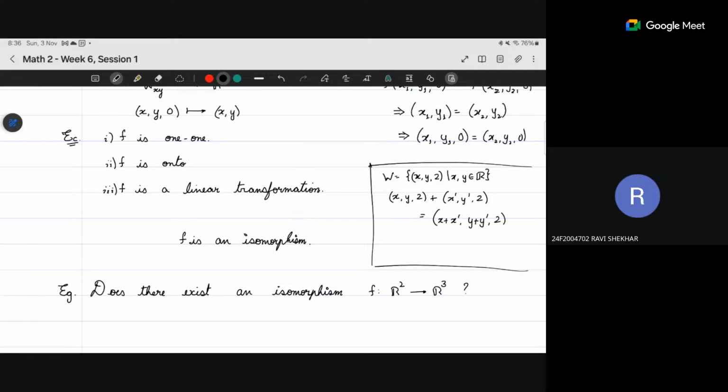And scalar multiplication again, if you say c times xy2 is equal to cx, cy, 2, I don't really do anything to that 2. So my operations are closed under addition and scalar multiplication, and this forms a vector space. You can check that this definition of plus and scalar multiplication actually makes it a vector space. And this is the same as R2. This is isomorphic to R2. So basically, we are changing the definition as per our requirement.